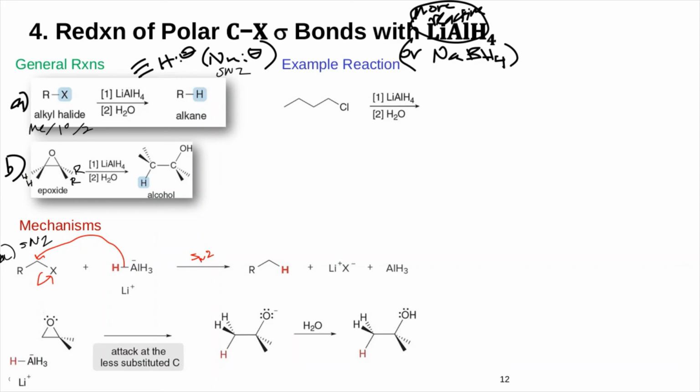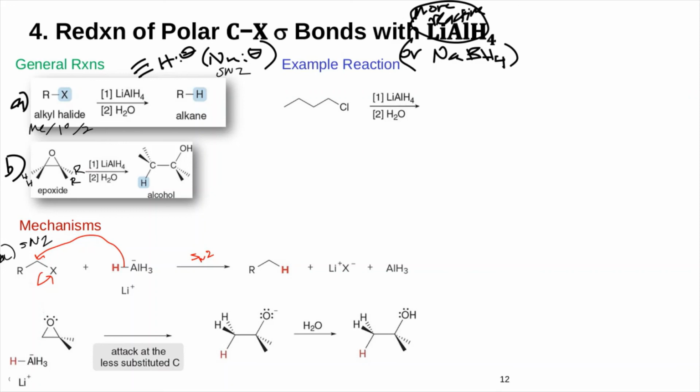This is an unsymmetric epoxide. And if you have an unsymmetric epoxide, remember when you have a hydride reagent, that's a good nucleophile. We're calling this a base-promoted ring opening reaction. Remember that the hydride is going to add to the less substituted carbon because this is an SN2. And an SN2 always attacks the least substituted carbon.